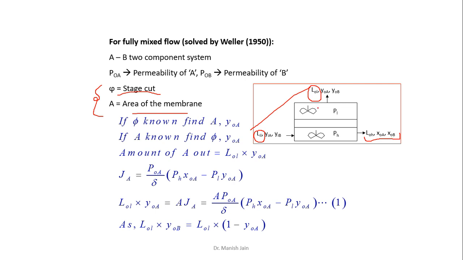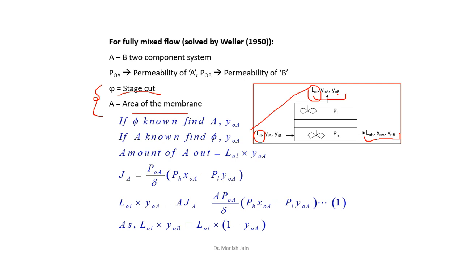In the permeate channel, the output stream is the permeate stream, so the concentration in this channel should be equal to YOA and YOB for species A and B respectively.